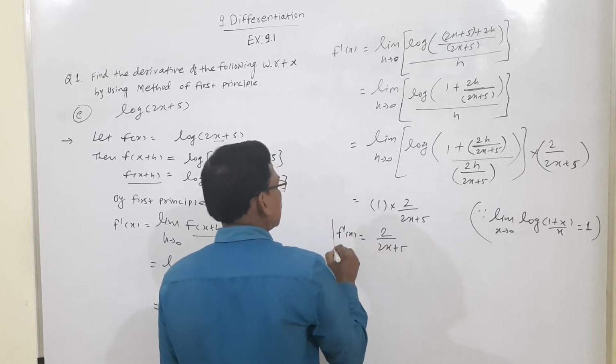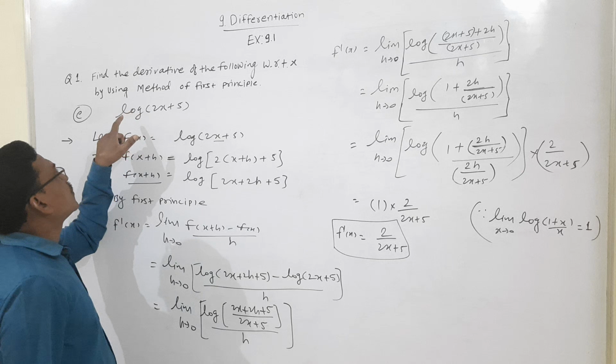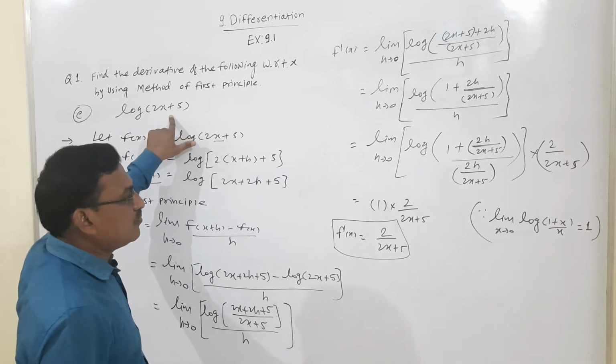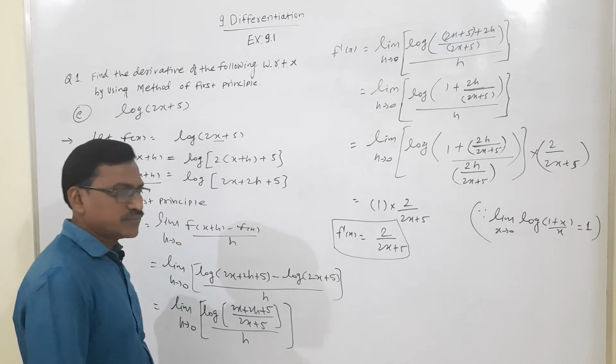It is the derivative of this logarithmic function log of 2x plus 5. Hence we have found it.